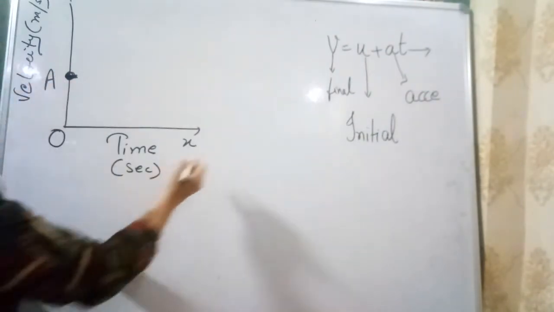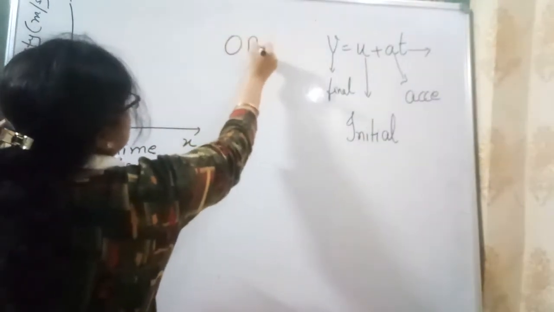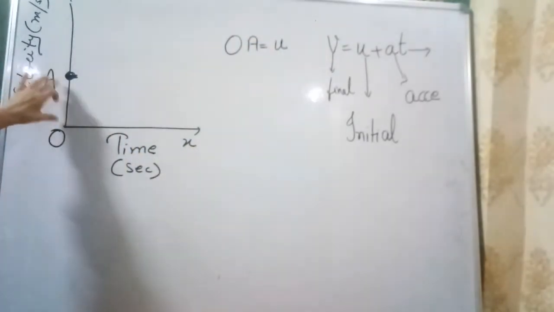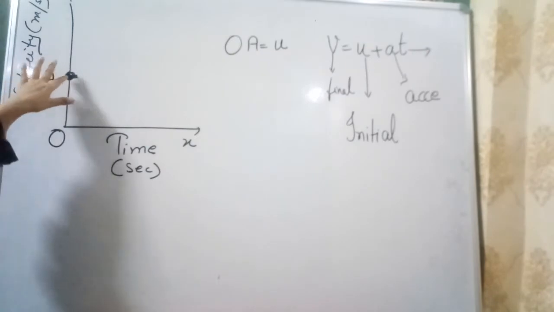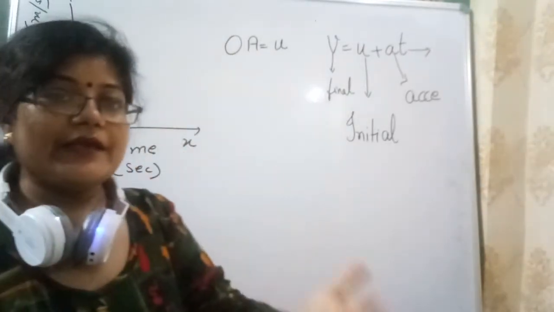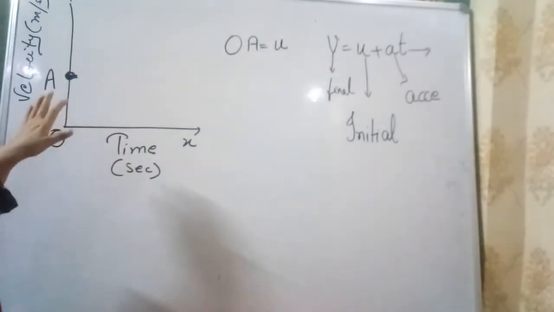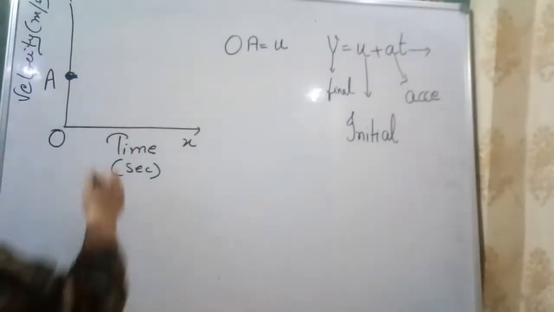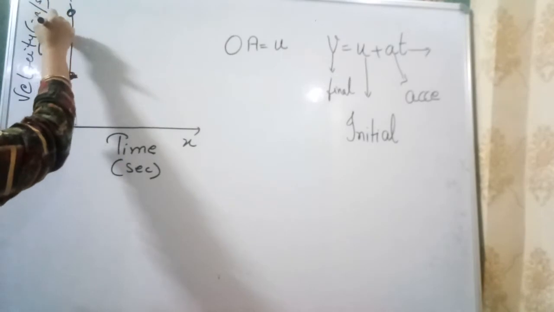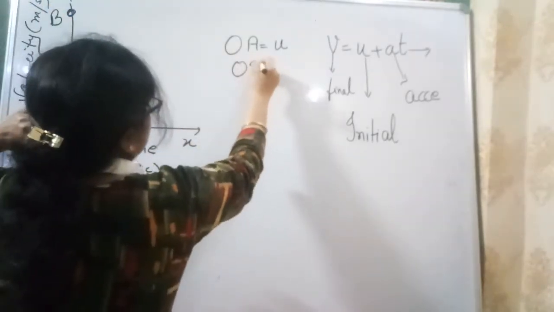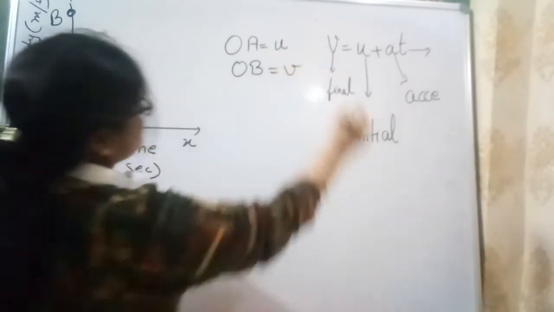That means OA is equal to u. Now, after some time, the car gains some velocity due to acceleration. Now its velocity becomes v. That means OB becomes v.